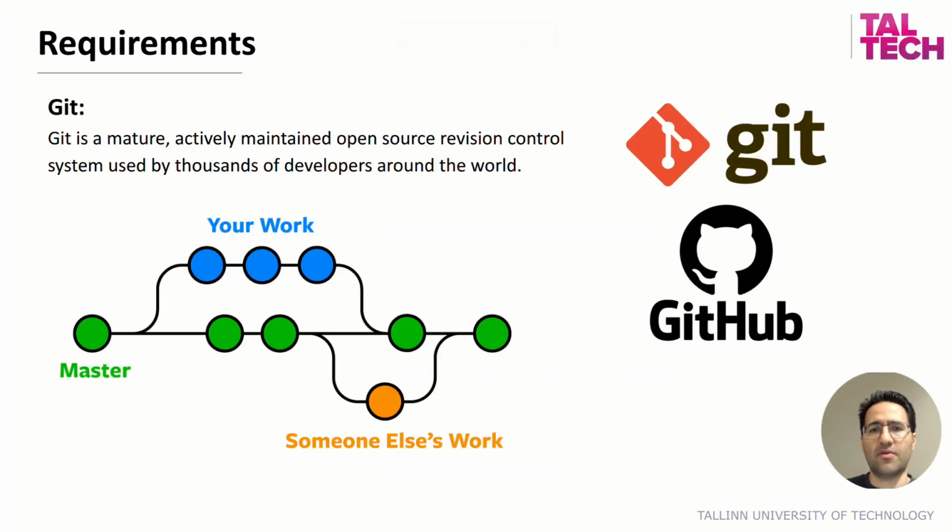One of the important things for you here is to know how to use Git. And what is Git? Basically, Git is a platform for controlling your versions, specifically when you work in a multi-programmer environment.